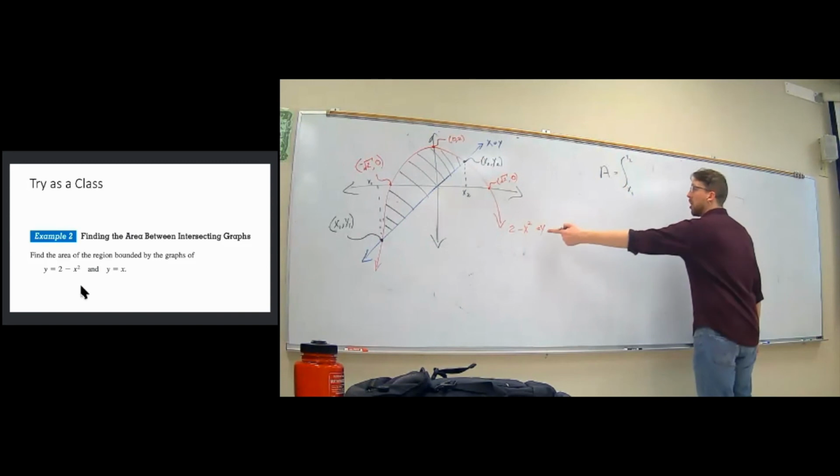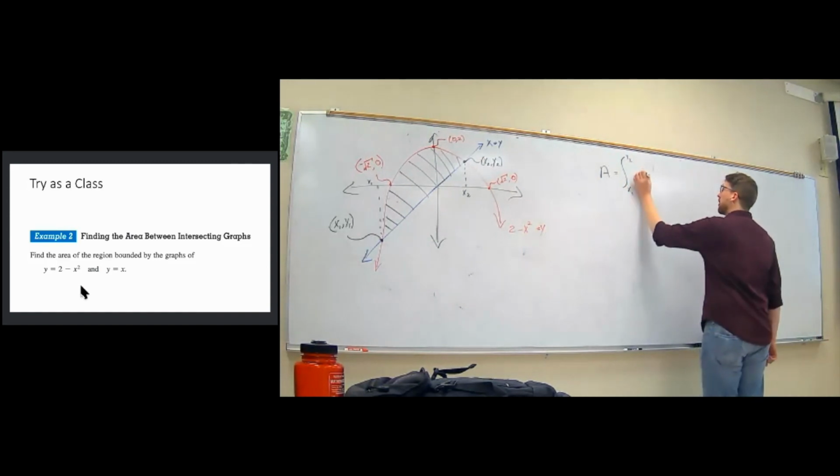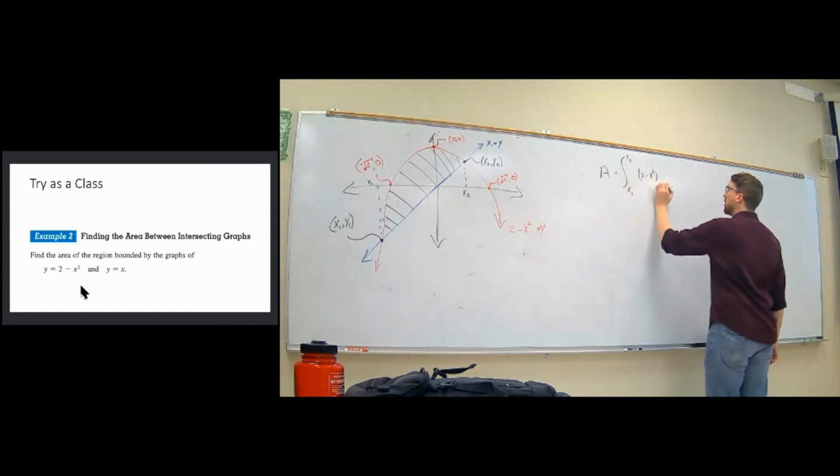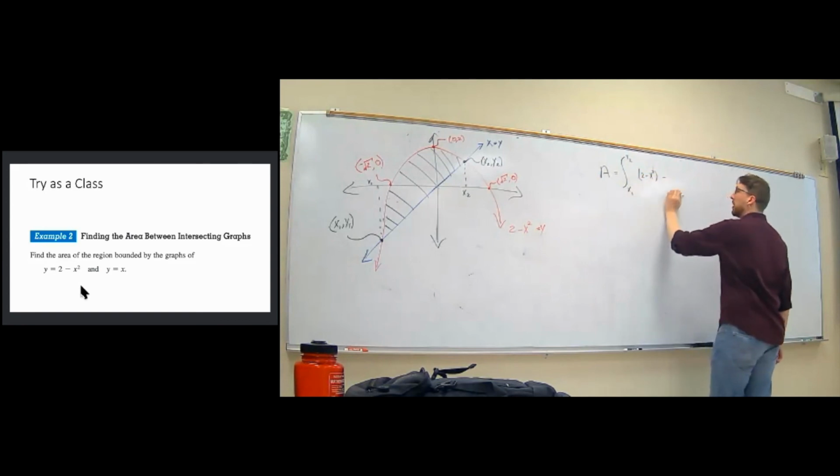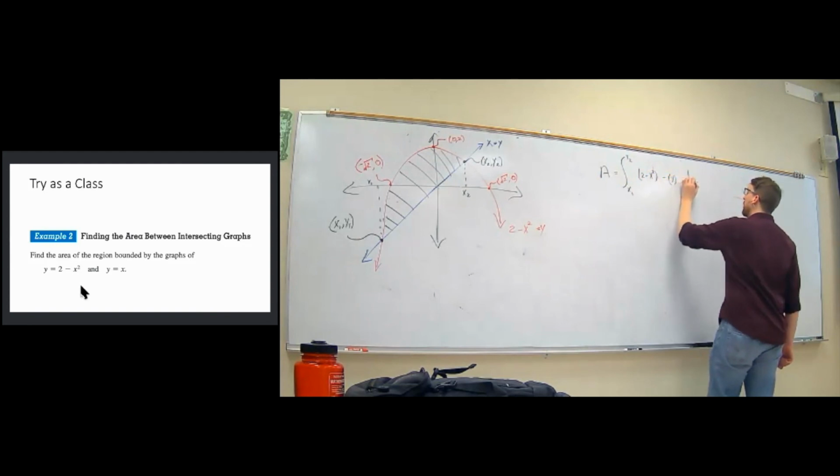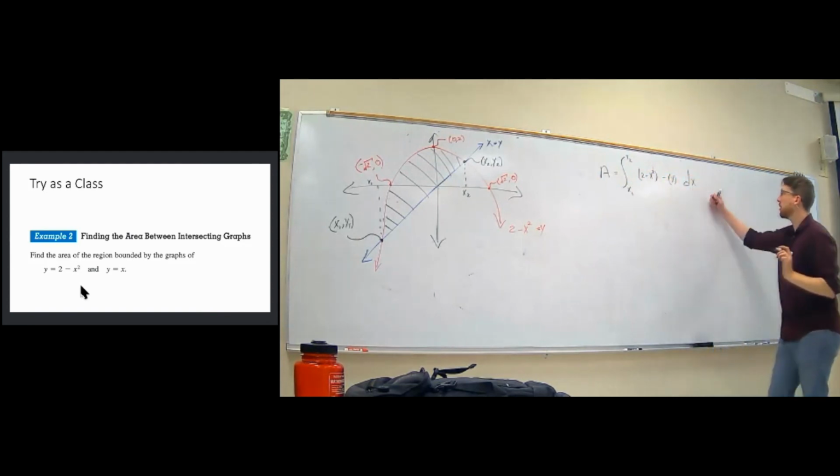Of the larger function, which is 2 minus x squared, the smaller function, which is x. We're integrating all of this with respect to x.